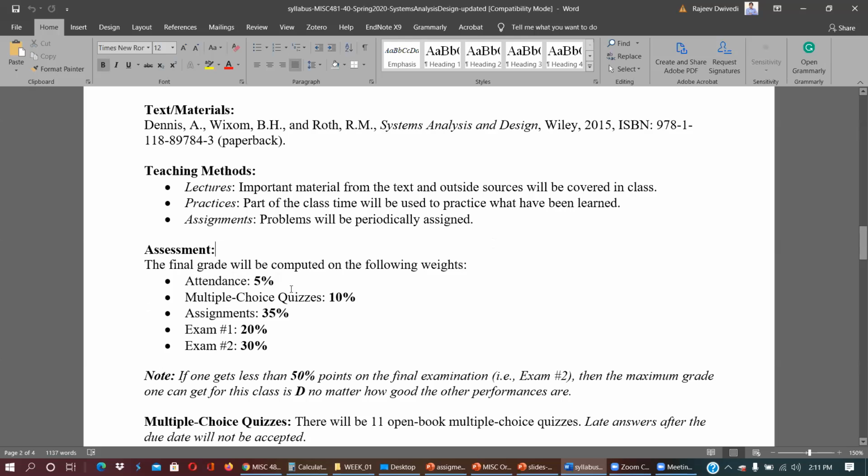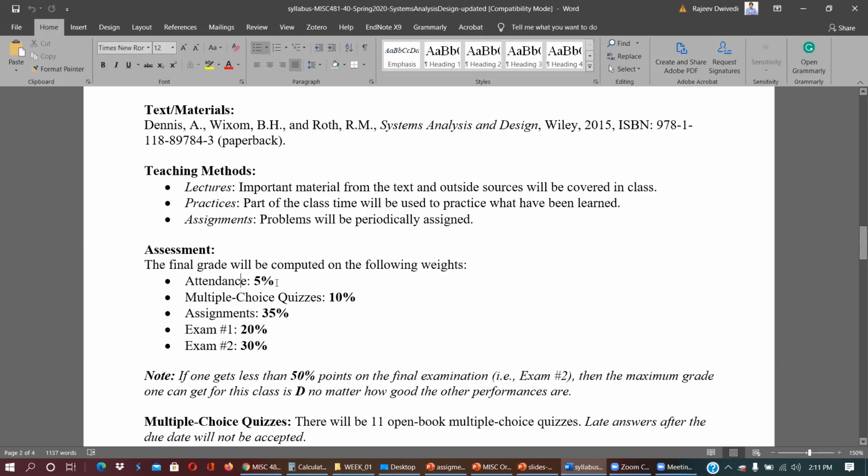We will have 2 exams. The first is 20%, the second is 30%. Together this is 100%. So 50% weightage is of exams, and 50% weightage is of the rest of the activities.